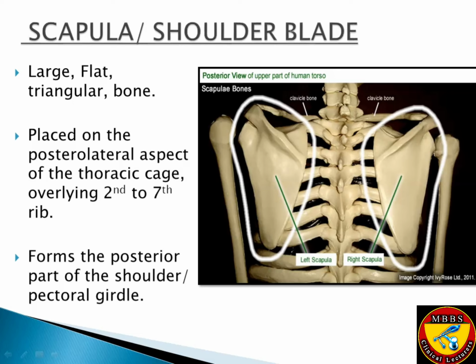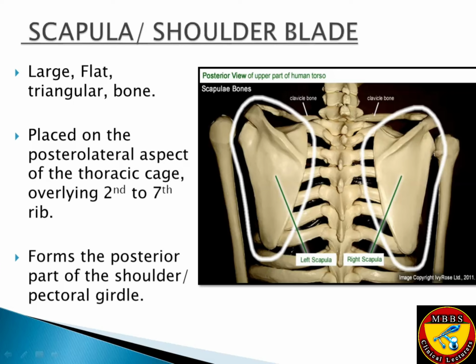Scapula is also called the shoulder blade. This is a large, flat, triangular bone which is placed on the posterolateral aspect of the thoracic cage. It is overlying the second to the seventh rib.